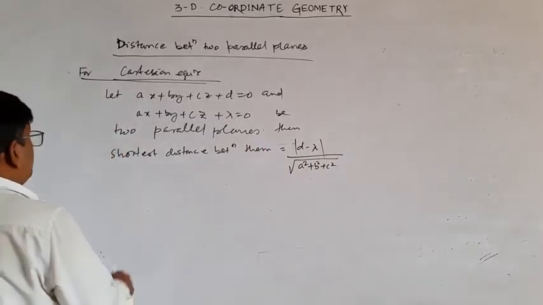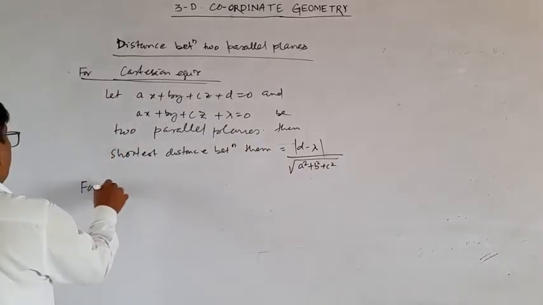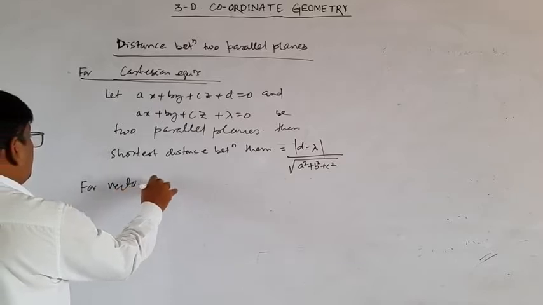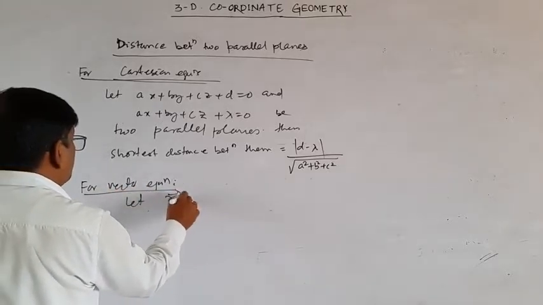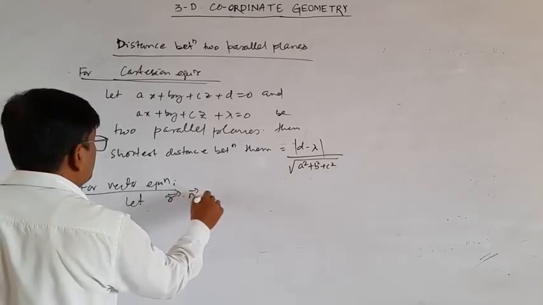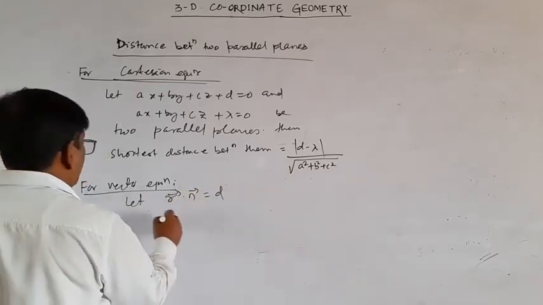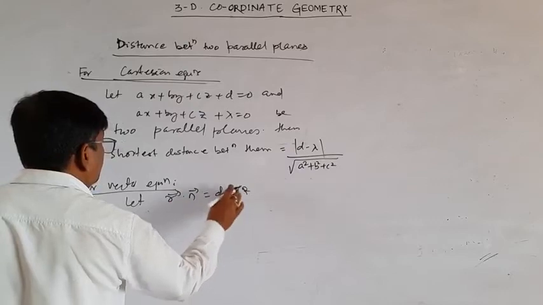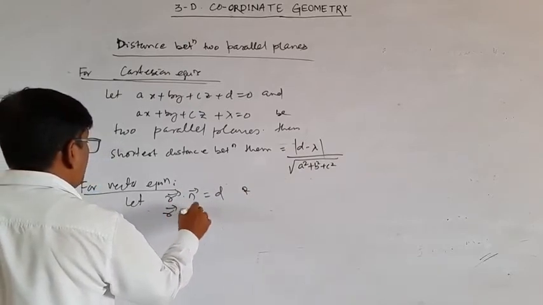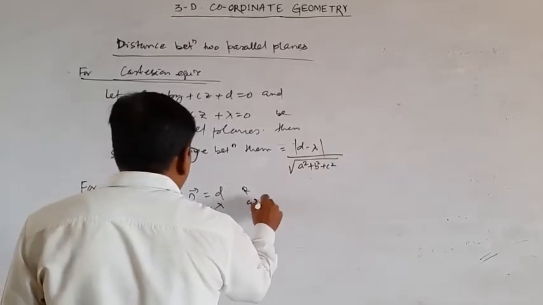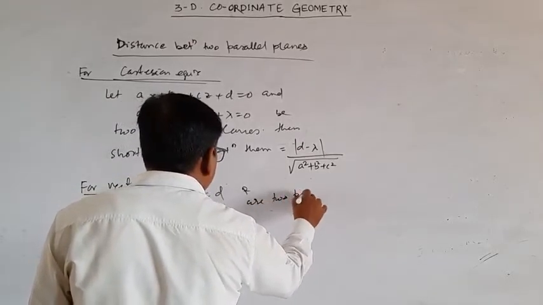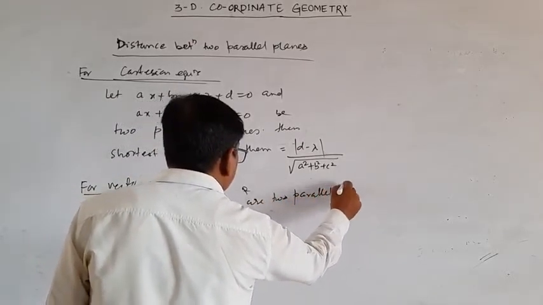This is the Cartesian form. For the vector form, let r dot n vector = d and r dot n vector = lambda be two parallel planes.